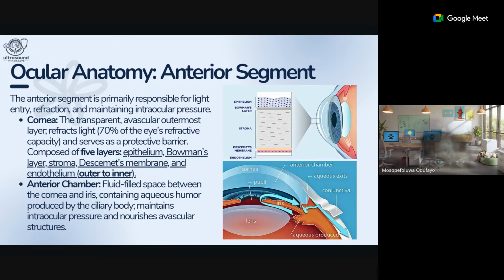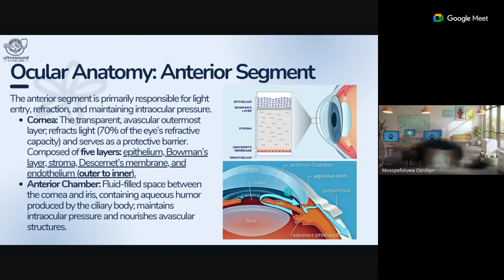For the anterior chamber, which is the next part, as you can see, the cornea forms the outer boundary of the anterior chamber, which is this space behind the cornea here. This nice space behind the cornea is the anterior chamber. So we open the door of the cornea, we create a hole in the cornea.